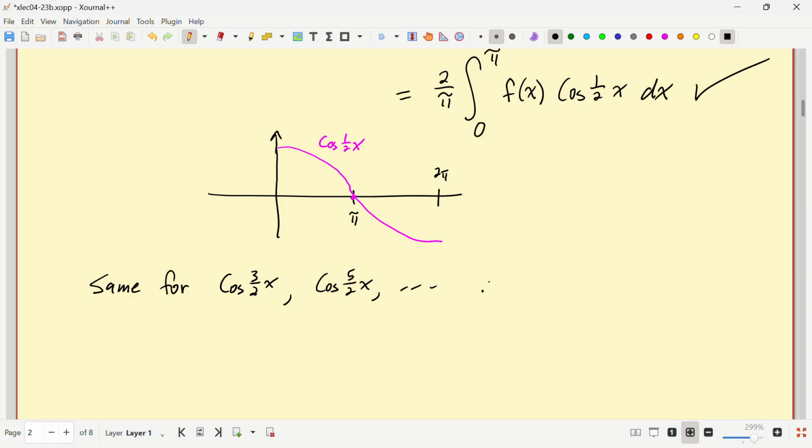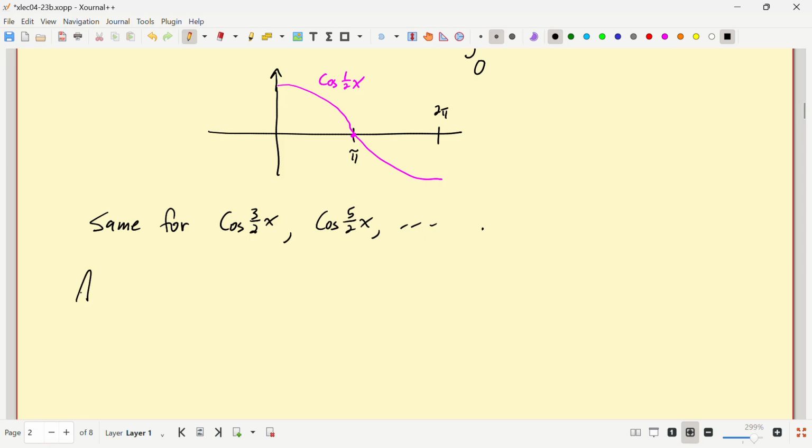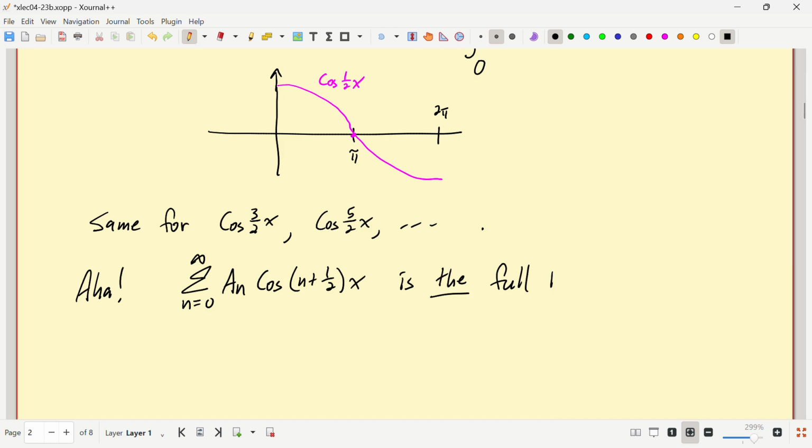So that means, the aha moment here, the series summation n equals 0 to infinity an cosine n plus 1/2 x is the full Fourier series for f star on the interval minus 2 pi to plus 2 pi.